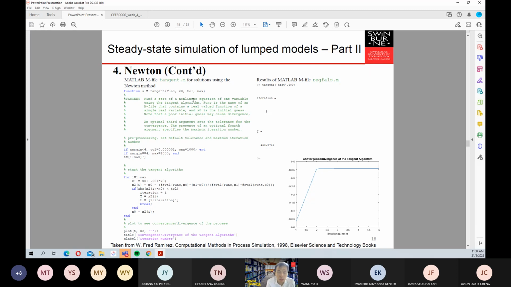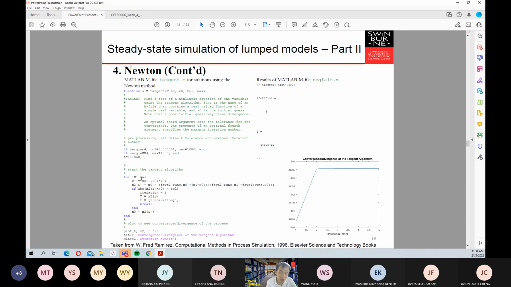If the number of argument inputs is 4, then it will set up the maximum iteration as equal to 1000. And then it will make a matrix consisting of 1 until the value of the max. So if this is 1000, then it will be a vector of 1, 2, 3, 4, 5, 6, 7 until 1000.